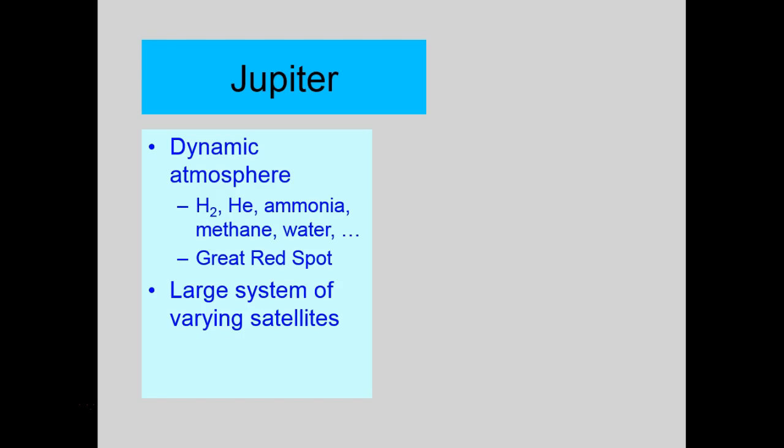Large system of varying satellites. Now, anyone want to make a guess of maybe why it has so many moons? Because of its size, it attracts gravity. Okay, it has a huge gravitational field. Remember, the sun is 700 times bigger than everything else put together, so the sun is enormous.